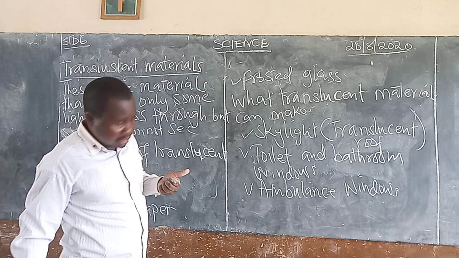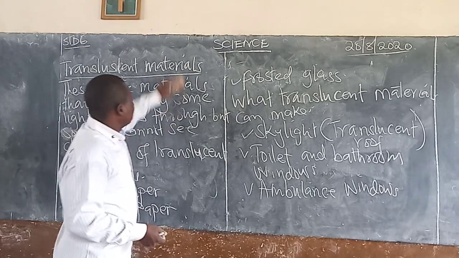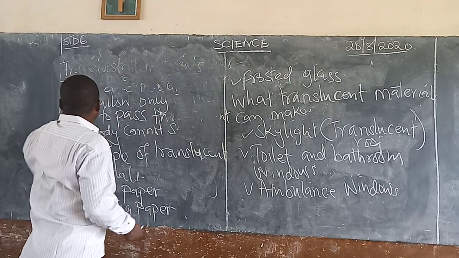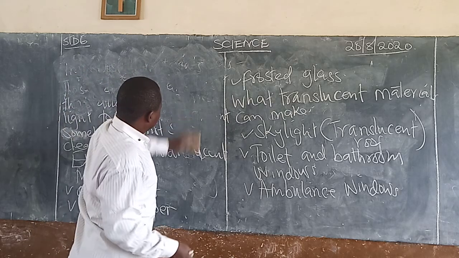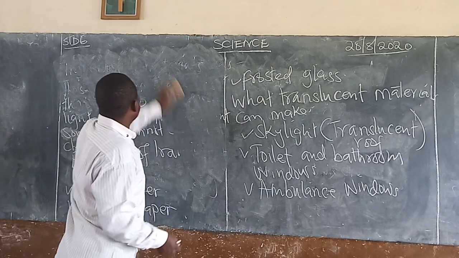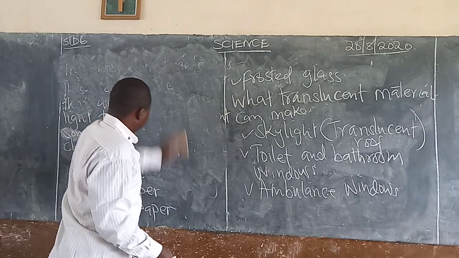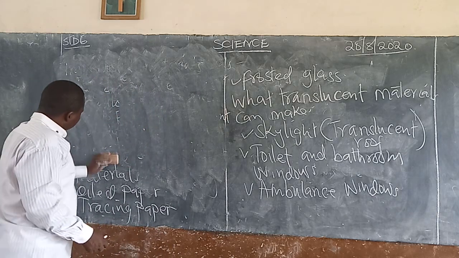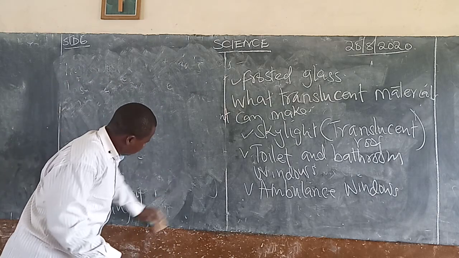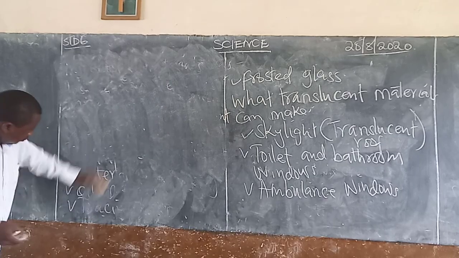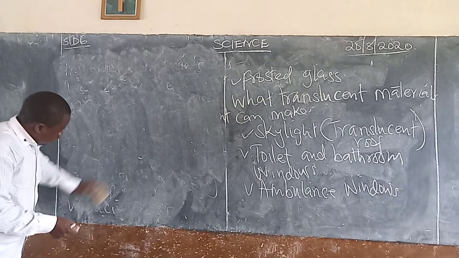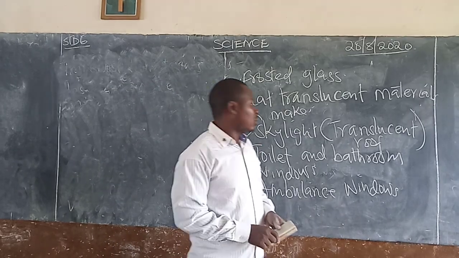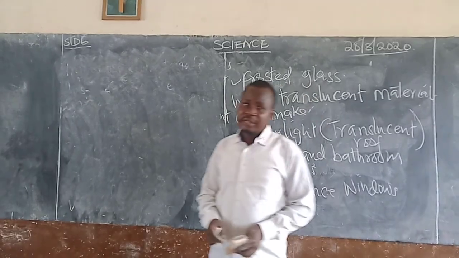Lastly, let us see under opaque materials. So somebody can ask you, explain why skylights are used on top of our roof.